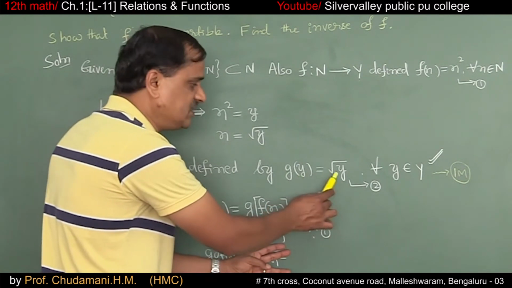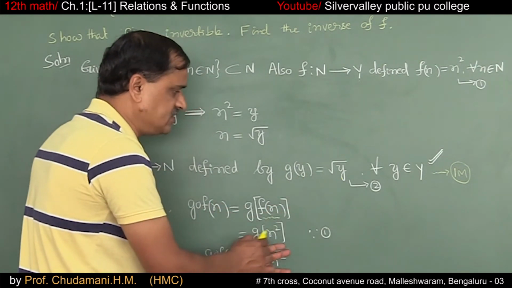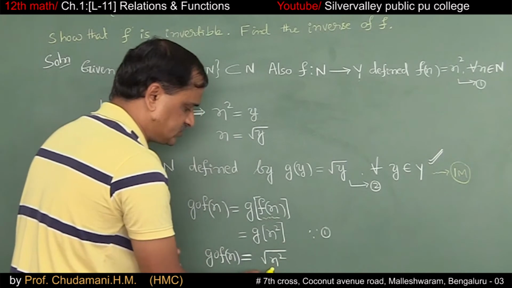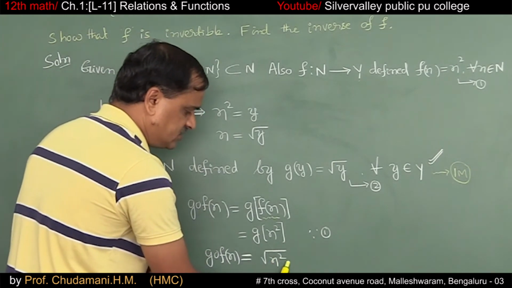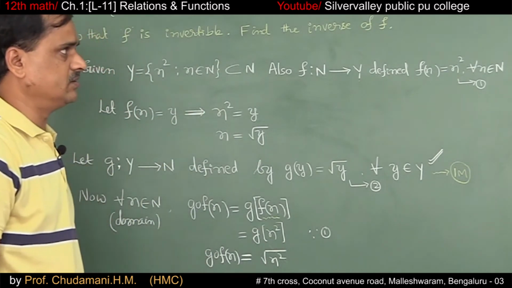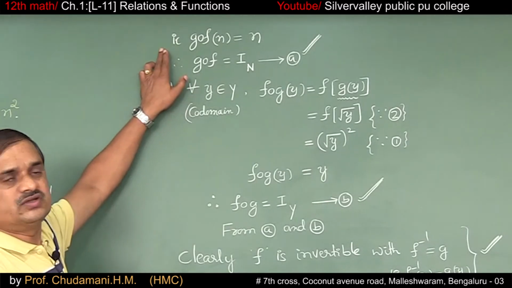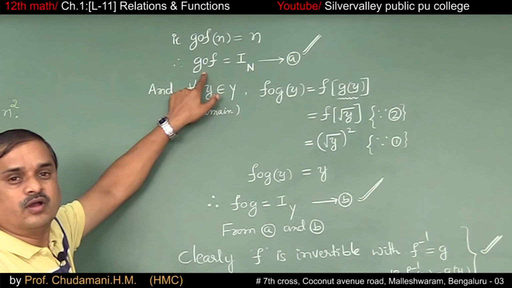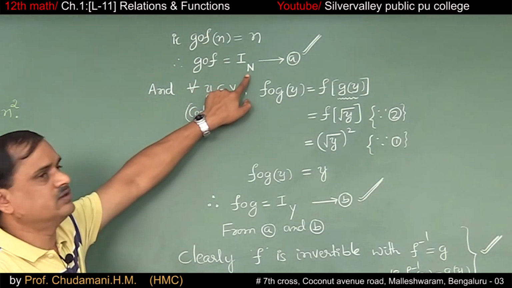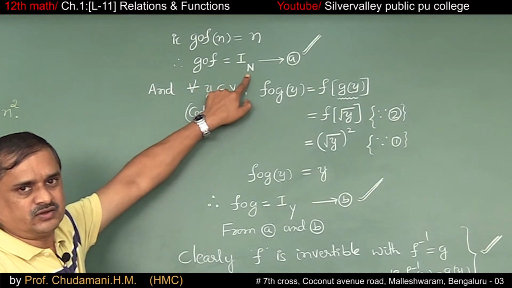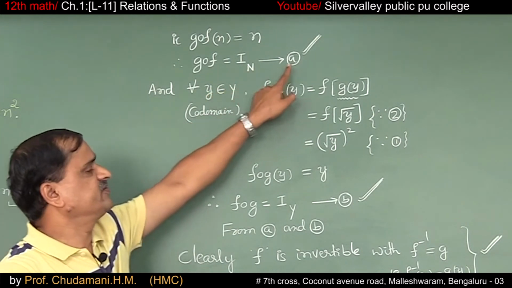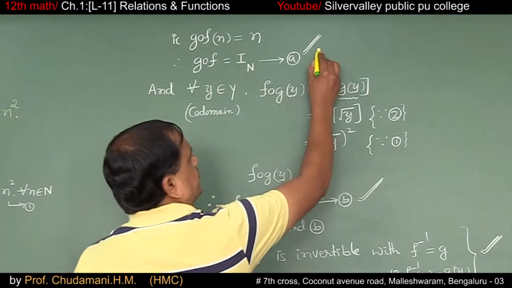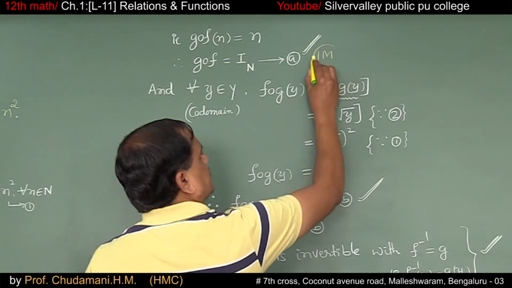G of n square means root n square. Square and the square root get cancelled. That means gof of n is equal to n. Therefore, gof is an identity function on the set N, domain of the function f. Say this equation A. So this carries another mark.